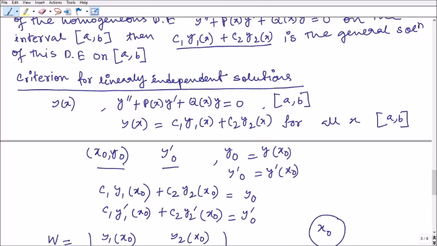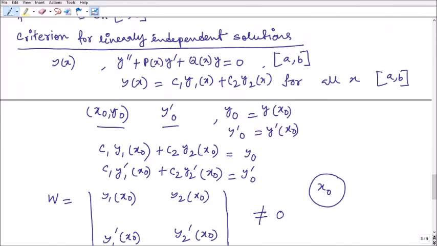So these initial conditions are fixed, and from these initial conditions we can calculate C1 and C2, and from this we can calculate the unique solution y of x. Since p of x and q of x are continuous on the interval AB and y of x is unique, the values of C1 and C2 can be determined uniquely.